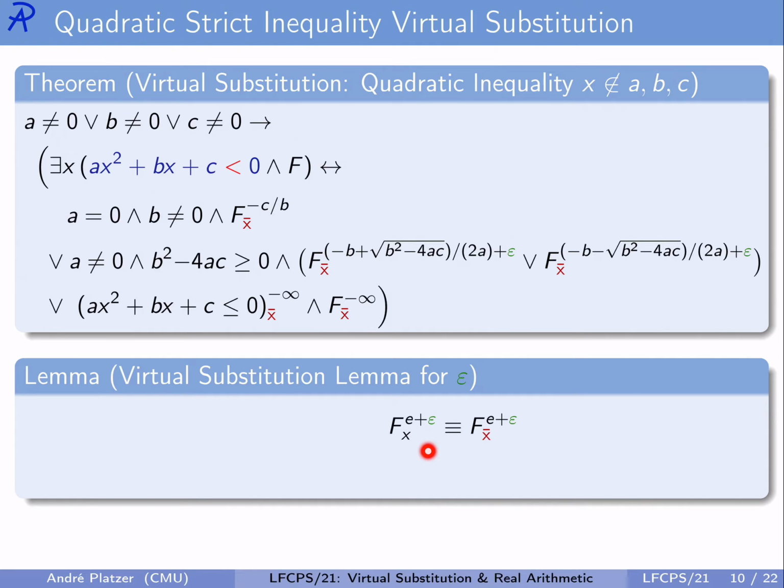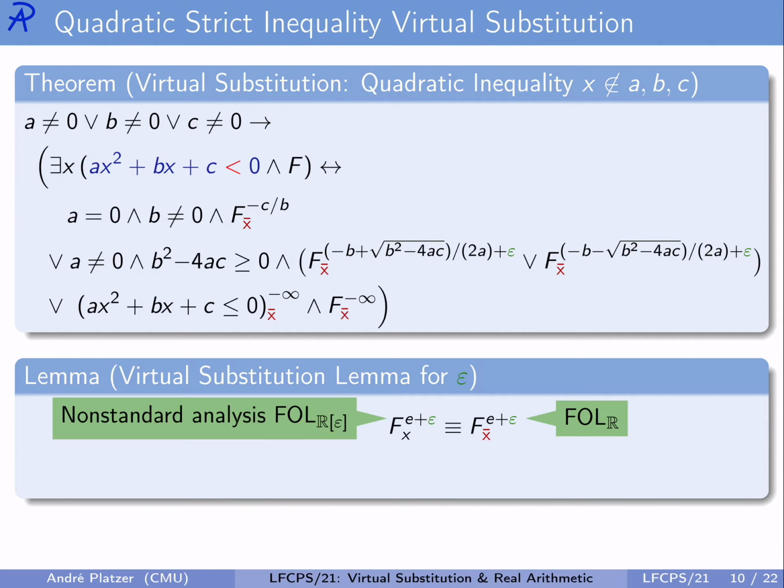Plugging these infinitesimals into the logical formula literally is equivalent to plugging them in only virtually with a virtual substitution we're about to define, where this leads to non-standard analysis, which is first-order logic of the field of the reals extended with these infinitesimals epsilon that are smaller than any positive real number on any comparison. And that side is just vanilla first-order logic of the reals, rewritten appropriately.